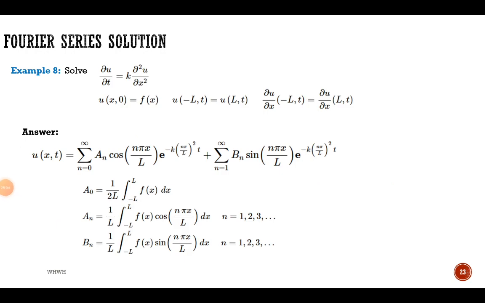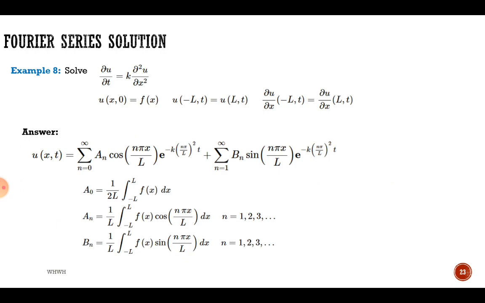Okay class, this example 8 is actually your assignment question. I will put up the assignment question at the Google Classroom by the end of this Thursday, or maybe right after I put up this video.